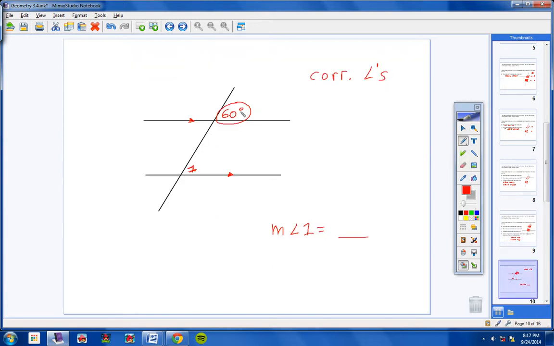So this angle here and this angle here are congruent. So the measure of angle 1 will be 60 degrees, okay? Because they're corresponding angles and because you have two parallel lines cut by a transversal. Okay? But remember, this is not true unless these two lines are parallel lines, okay?